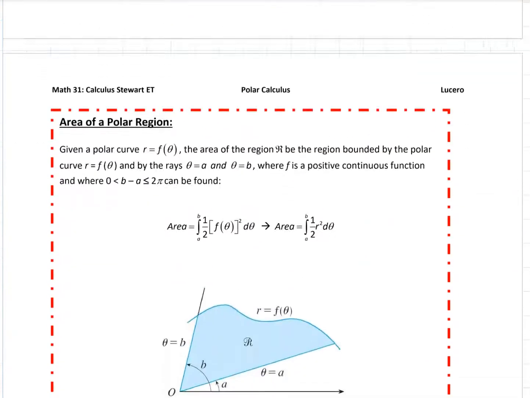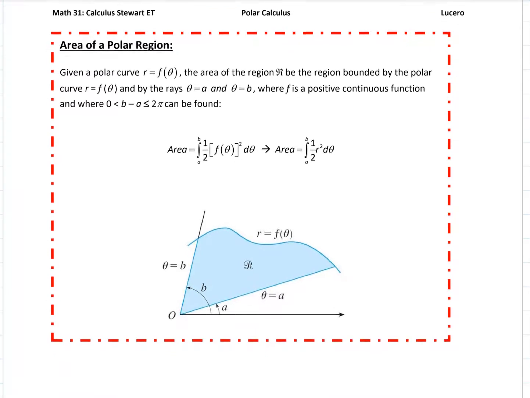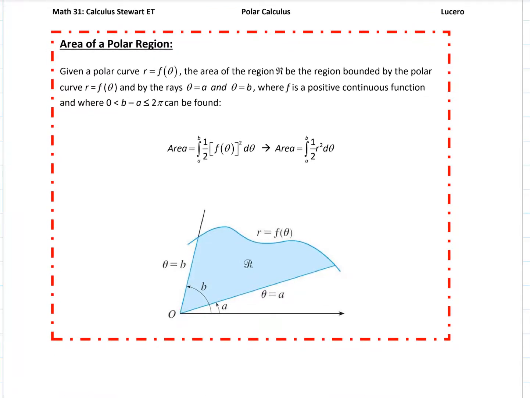We can put that into a nice little formula here and say if we have a polar curve r equals f of theta, and we want the area of the region that is enclosed between two rays from theta equals a to theta equals b, we are making the assumption that a is less than b and that that difference is positive.